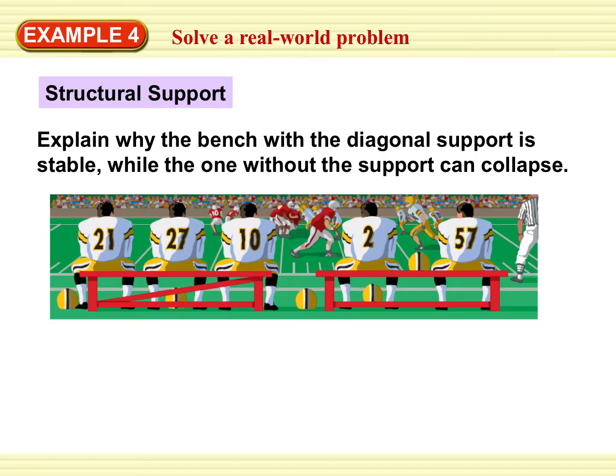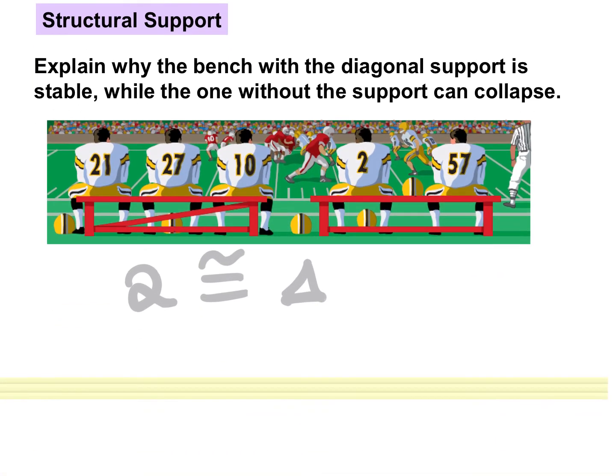So here is a real world problem, and it's talking about a structural support, and it wants you to explain why the bench with the diagonal support is stable while the one without the support could collapse. So anytime that you have two congruent triangles that are connected, it's always going to be the more stable structure.